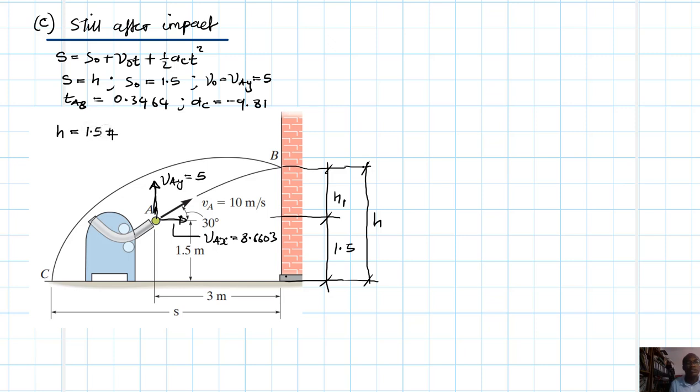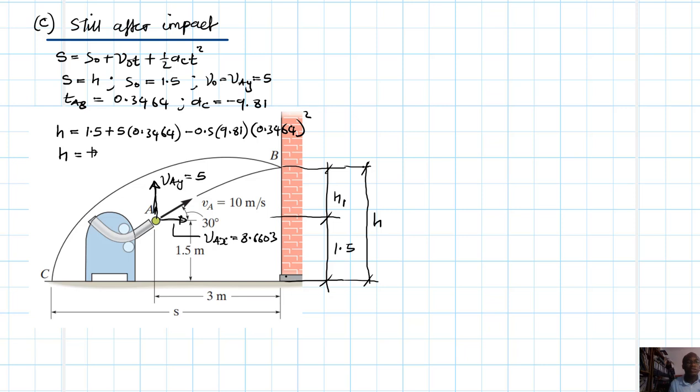Therefore, our H is just going to be equal to 1.5 plus 5 by 0.3464 minus 0.5 by 9.81 by 0.3464 squared.